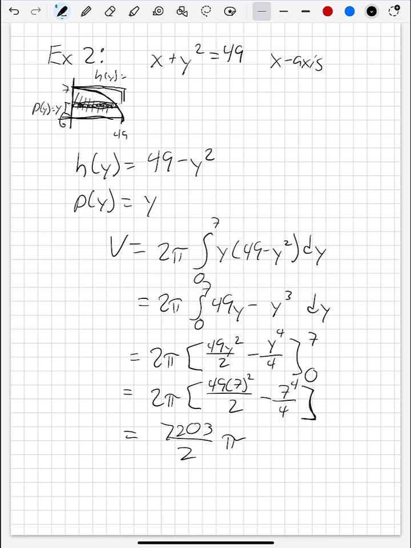And so that is volume by shells. That actually ends our volume section for integration as an application. Again, I like the dishwasher method personally better.